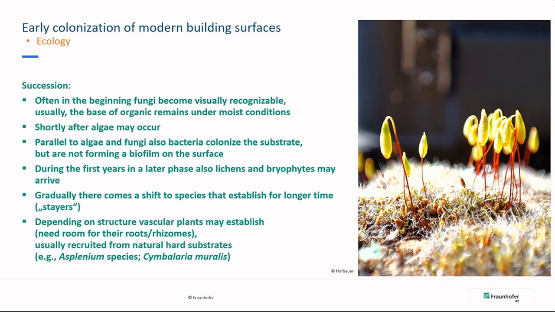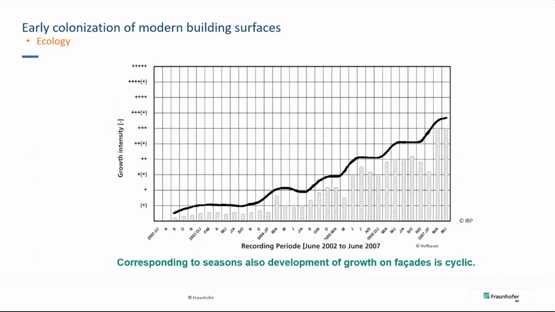And afterwards, if it's moist enough, then the algae may occur, and they usually take a little bit longer to achieve a visibility, that you see the green dots or yellow or orange dots. And of course, the normal process of soiling is starting on these surfaces, like on every rock and soil and so on.